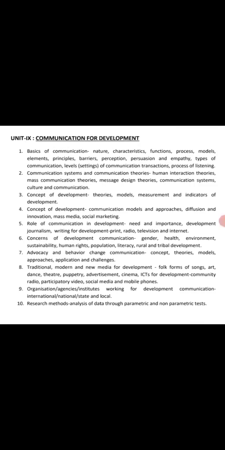Then we study about concept of development, theories, models, measurements, and indicators of development, communication models and approaches, different theories given by different communicators, role of communication in development, concern of development, communication, advocacy and behavior change, traditional, modern, and new media for development, then different organizations, agencies, and institutions working for the development of communication. Then in the last, we have research methods, analysis of data through parametric and non-parametric test.